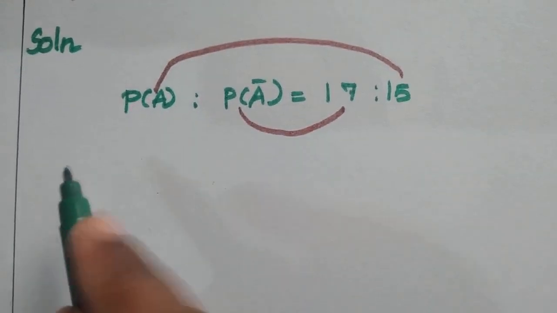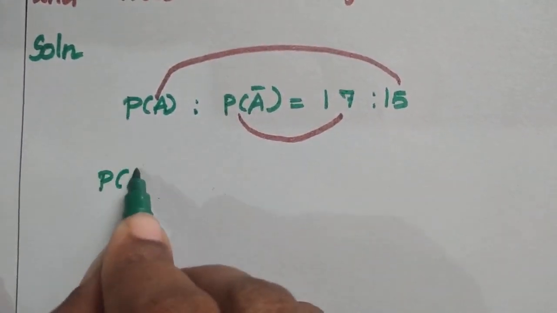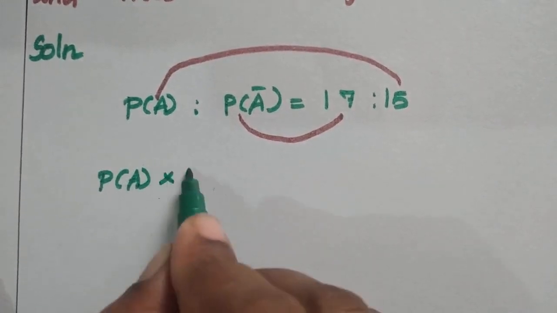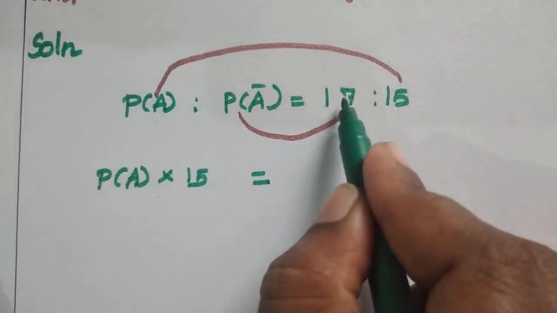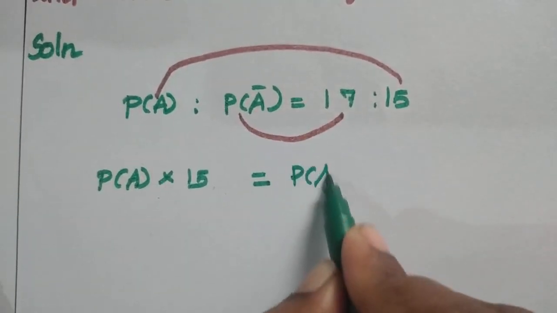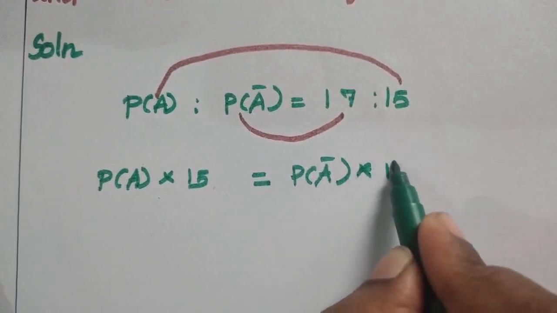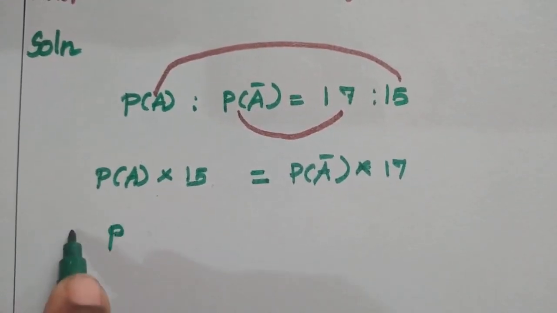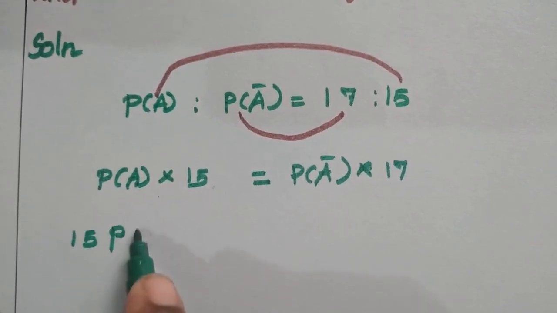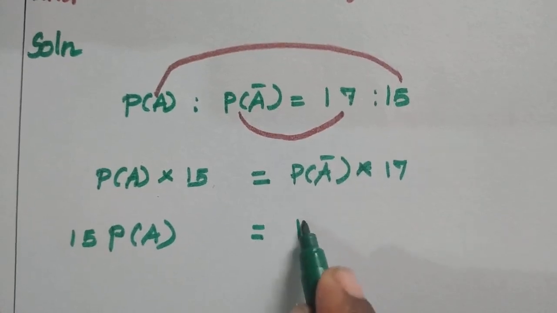So from this we can write it as P of A into 15 is equal to P of A dash into 17.